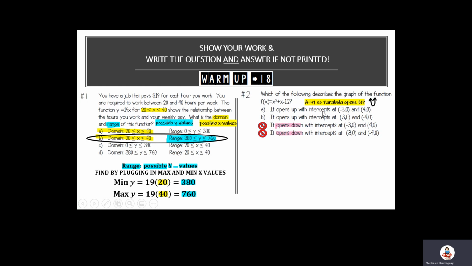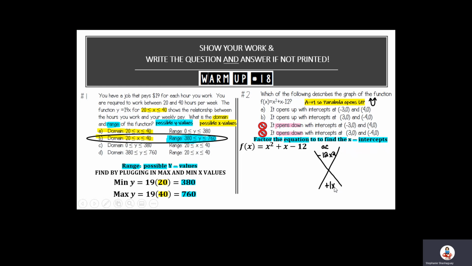So which of the following describes the graph of the function? So now we're looking at our intercepts, specifically our x-intercepts. So we're going to factor the equation to find our x-intercepts. So here's our equation, f of x is equal to x squared plus x minus 12. And if you remember correctly, we're going to use our factor puzzle, our cross puzzle. So we did our a times c. So our a term times our c term is going to be negative 12x squared.